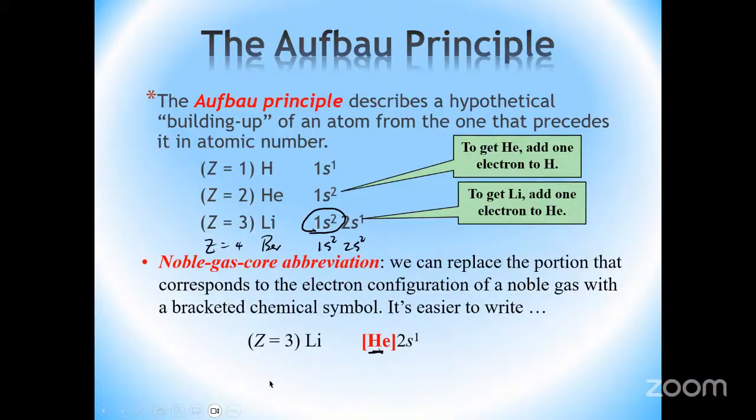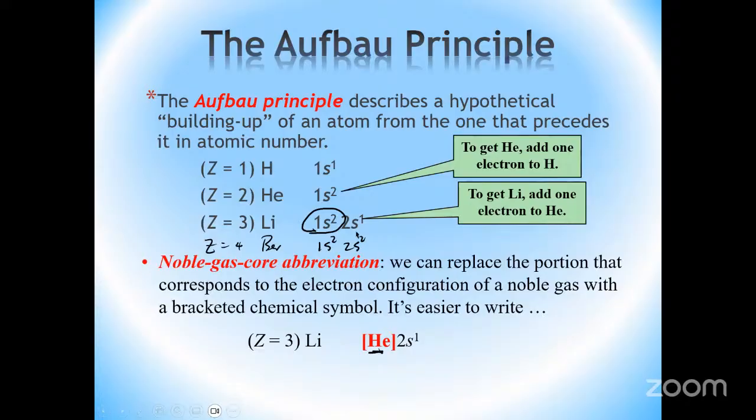And that's basically what you do for all the elements. You identify that part of the configuration which resembles the group 8 configuration that comes before it in the periodic table. You replace all of that with the symbol in square parentheses for that group 8 element, and then you write out what is left.